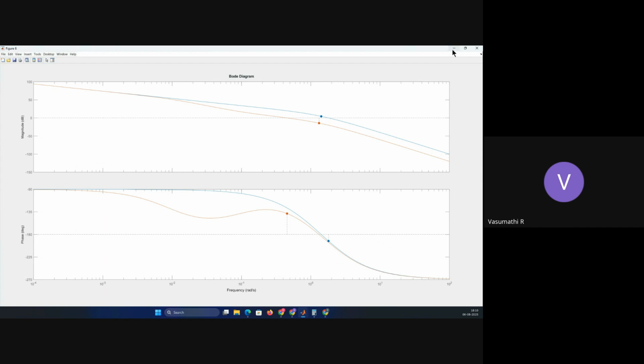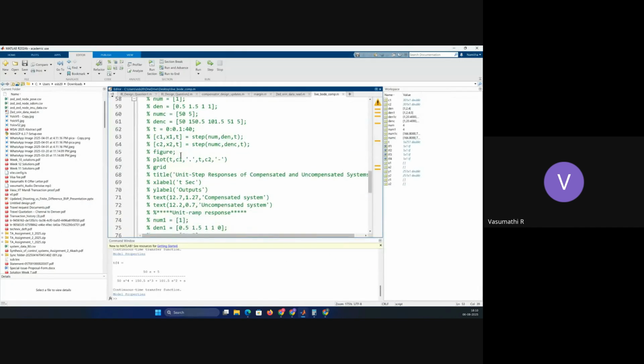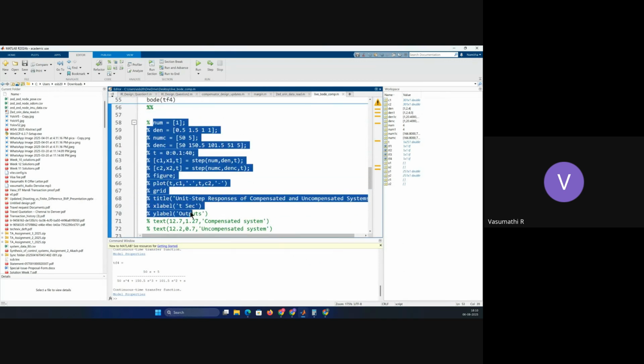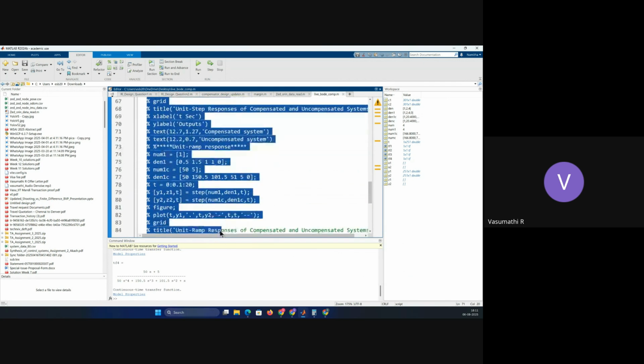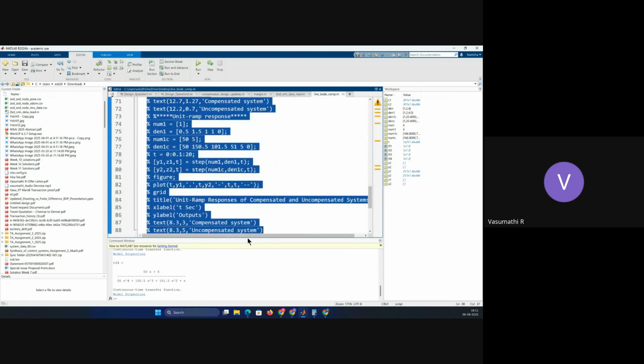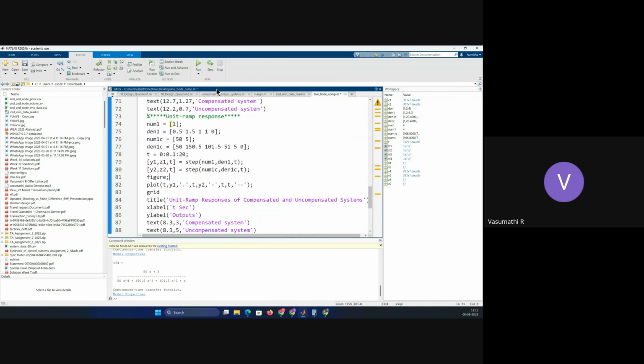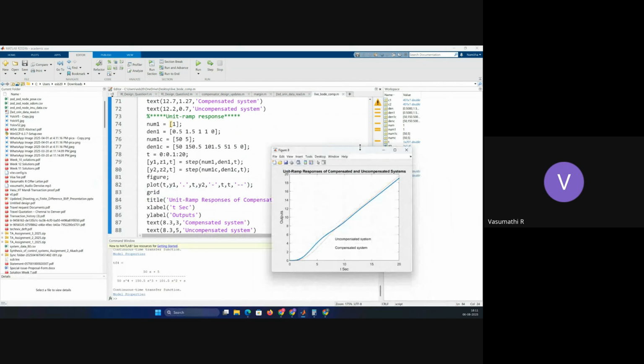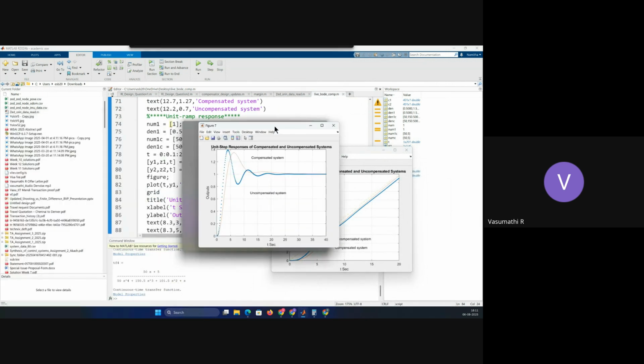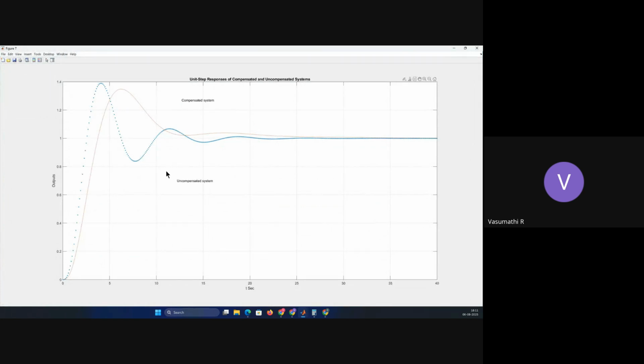Okay. So if you want to see the unit step and ramp response, I will show both, because this is a fifth order system. So you can see well with the ramp response also. Right here, this is your uncompensated system that requires so much time to settle and it has oscillations before it settles, and the peak value is also high.